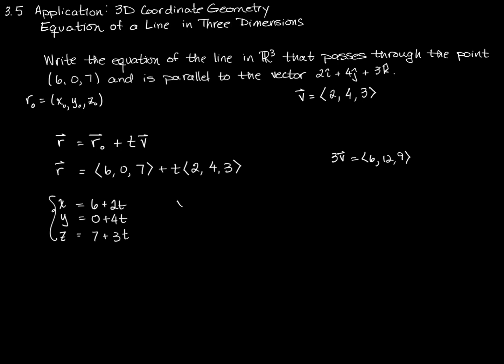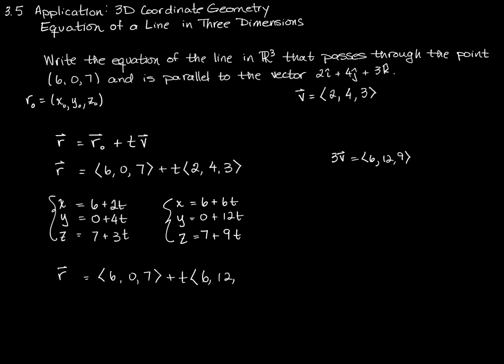So then I could also write x equals 6 plus 6t, y equals 0 plus 12t, z equals 7 plus 9t. That equates to r equals (6, 0, 7) plus t times (6, 12, 9).